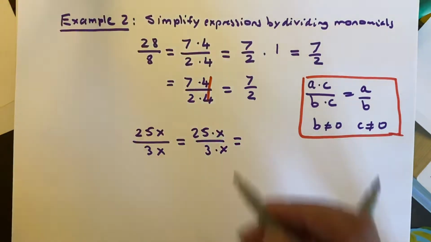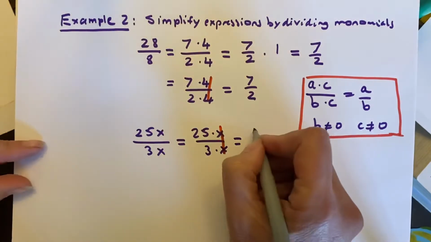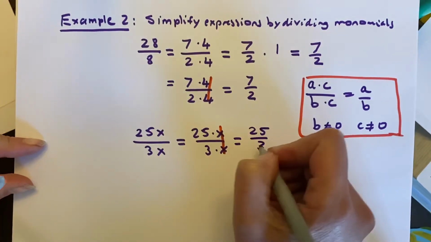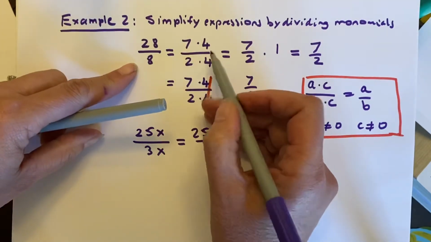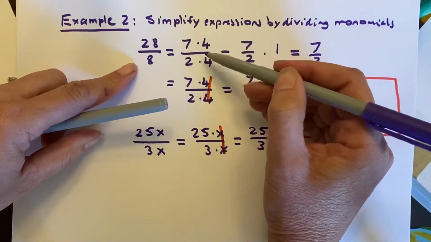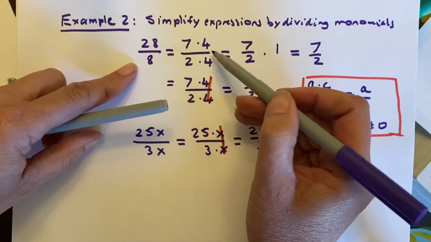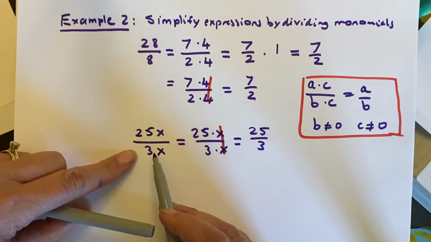And you can just cross out your x's, and you get 25 thirds. So here we were multiplying just by numbers, right? We were finding the greatest common factors, or just taking this number apart into all its factors. Here we're taking the numbers apart in the factor that also includes variables.